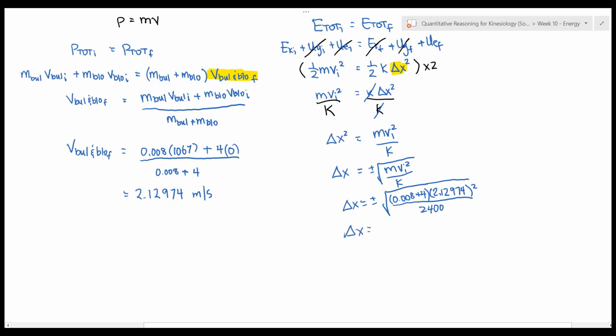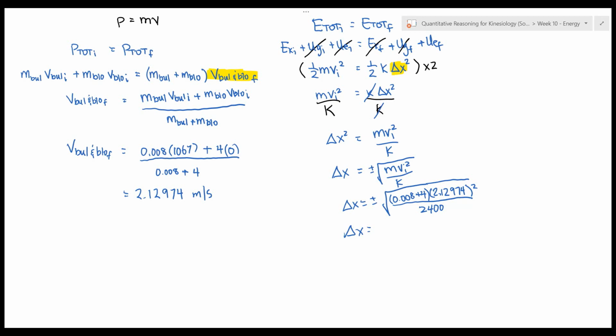So I'm going to type this into my calculator. I have the square root of, and I have to put in a bracket here, so I'm going to write bracket 0.008 plus 4, close the bracket, times 2.12974 squared divided by 2,400.